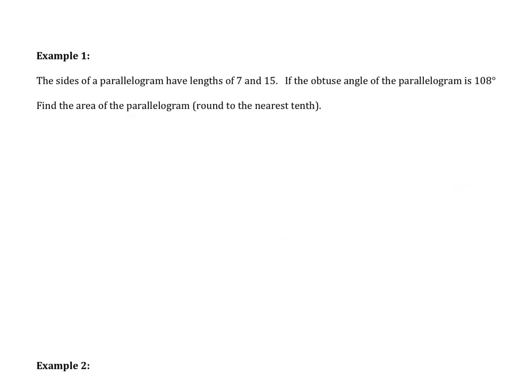So now in this next problem, the sides of a parallelogram have lengths of 7 and 15. If the obtuse angle of the parallelogram is 108 degrees, find the area of the parallelogram, rounded to the nearest tenth. Okay, so let's just draw this. So 7 and 15, and this is 108. There's a couple ways we could do this.